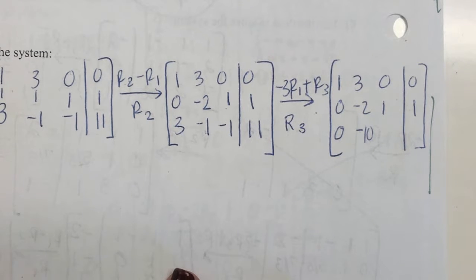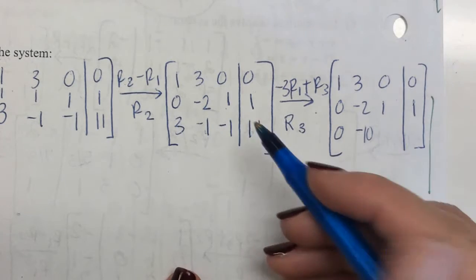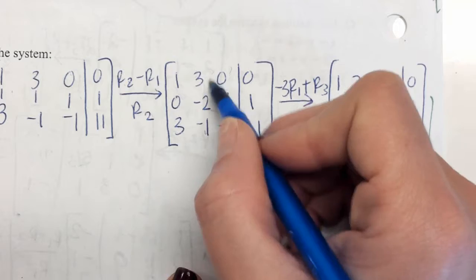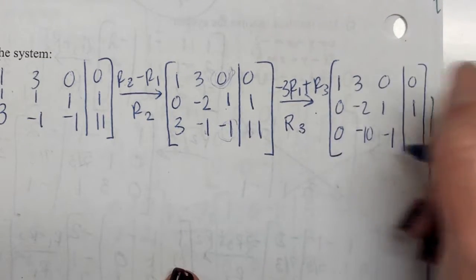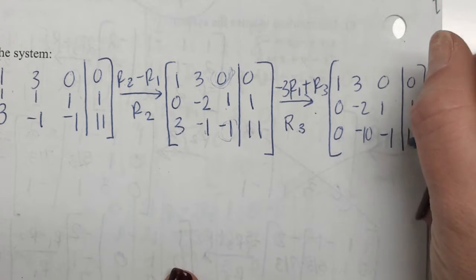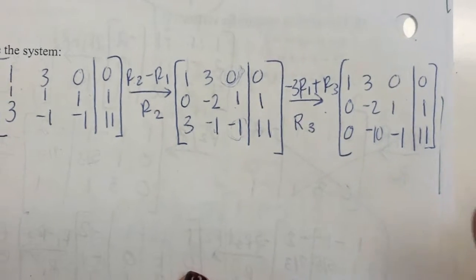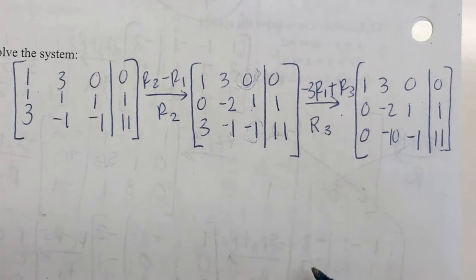Alright, think about what the next one would be. Say it out loud when you get it. 0. -1. Let's look at it. What's -3 times this 0 plus this? Yes. Think about the next one. 11. Good. Because -3 times this plus this.